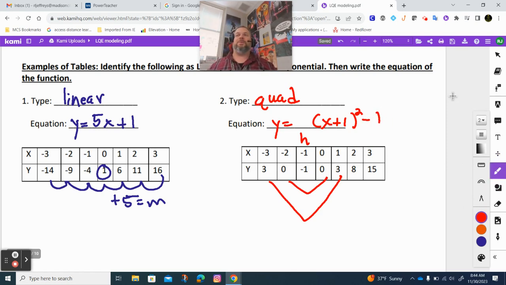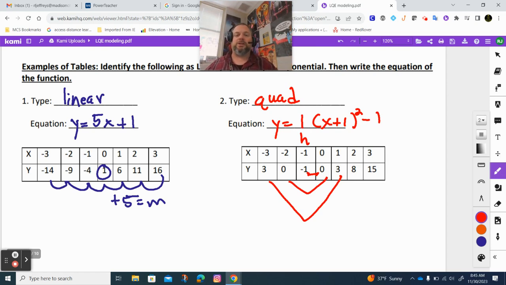Okay, so now to get our a value, how did we go from -1 to 0? Yeah, we added 1. -1 to 0. If we subtracted 1, we'd go from -1 to -2.